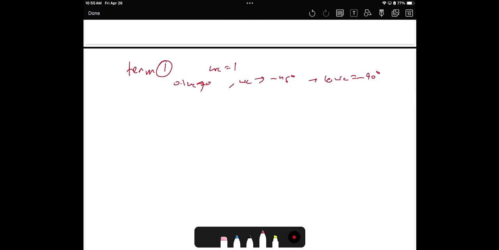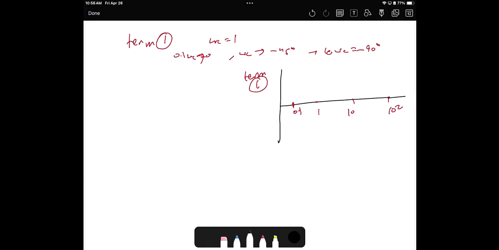So here is term 1, with omega c at 1, so we have 0.1, 1, 10, 10 squared. At 0.1, it will start decreasing with negative 45, then at 10 it will be negative 90 degrees.